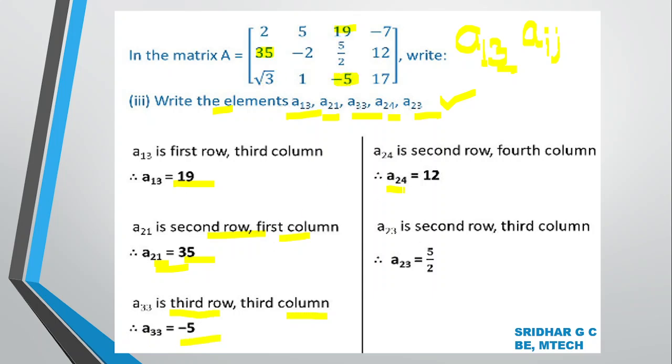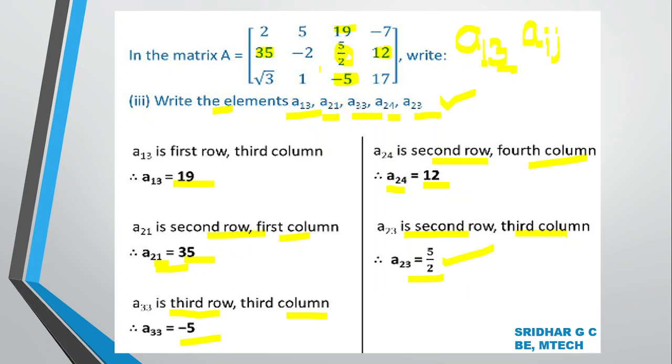Like that, A24 means second row, fourth column, so it is 12. Now A23 is second row and third column, that means 5 by 2. This is the way you should mention A13, A21, A24 or A23.